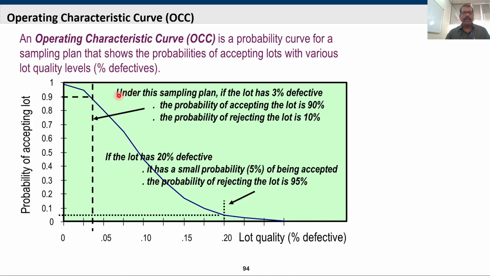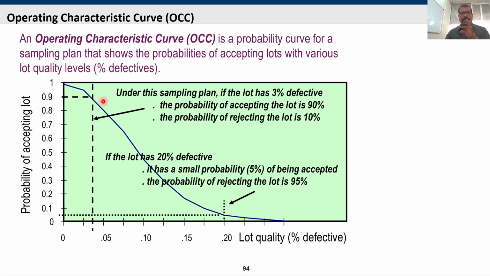If you take a horizontal and vertical line, here it is 0.03, meaning 3 percentage. Under this sampling plan, if the lot has 3 percentage defective, the probability of accepting the lot is 90 percentage.